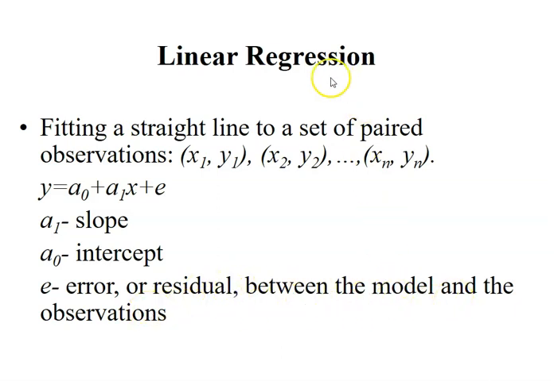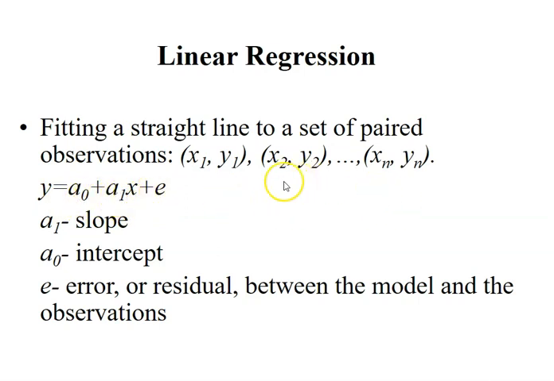The model means the linear best fit, and the real observations come from all the data. All right. So our main interest is to come up with this linear regression line. We would like to know what is the value of a0, what is the value of a1.